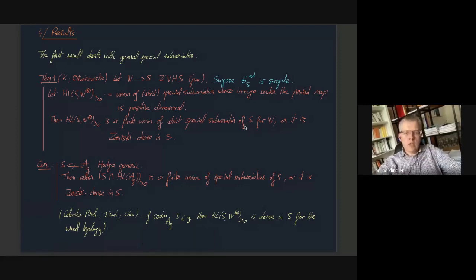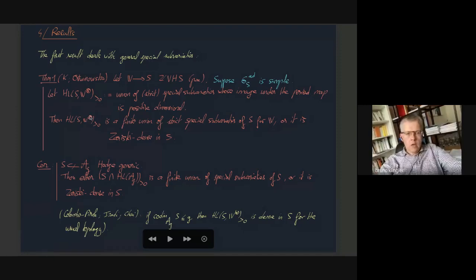So there is no intermediate situation. You can imagine that this Hodge locus concentrates in order to be Zariski dense in a strict subvariety of S. But what I'm saying is that this is just not possible, except if the Hodge locus on the nose was already algebraic.